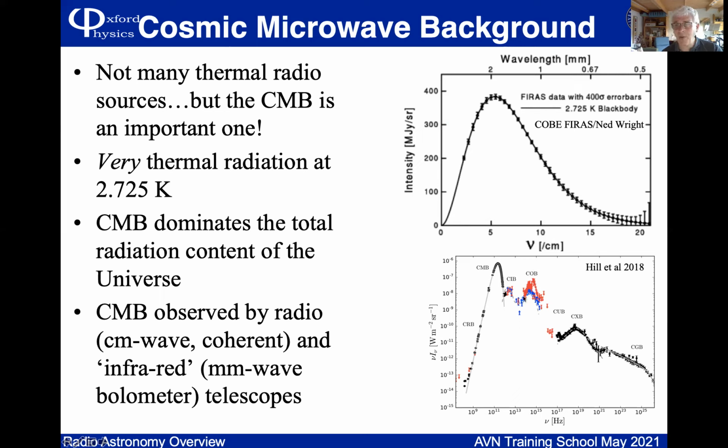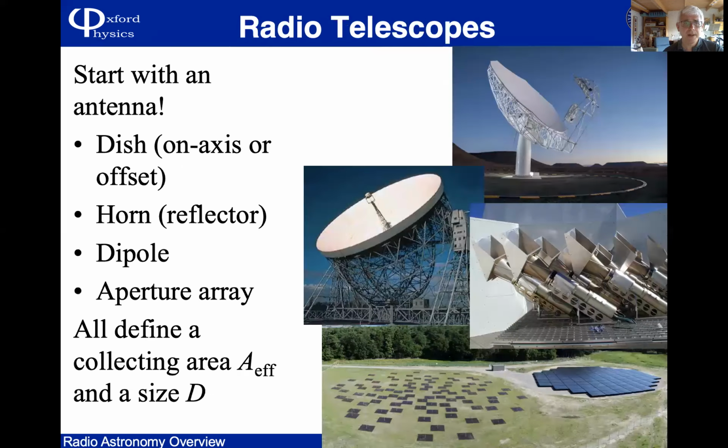That's basically all the starlight in the universe added together, and then infrared sources, X-ray sources. The microwave background sticks up an order of magnitude above everything else. It is the most important source of photons in the universe. Okay, so that's what we're looking at.